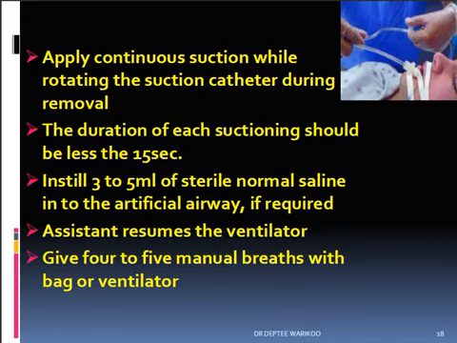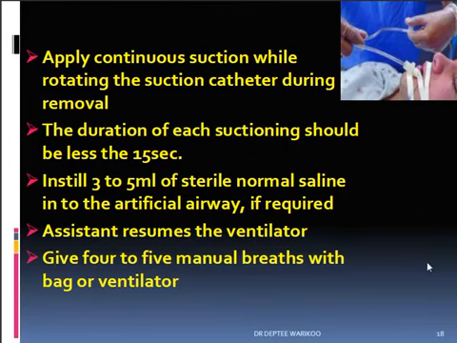Instill 3 to 5 ml of sterile normal saline into the artificial airway if required. Assistant resumes the ventilator again as you perform this. Give 4 to 5 manual breaths with a bag, Ambu bag you can use or ventilator. Anything you can use to give manual breaths.